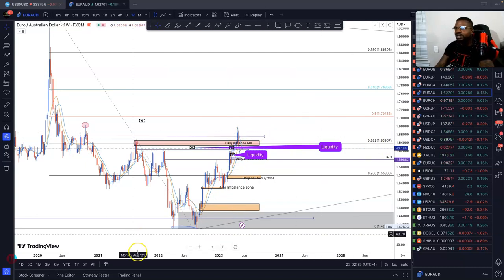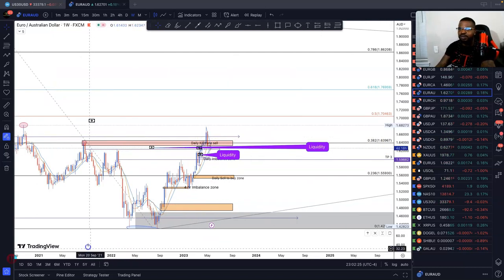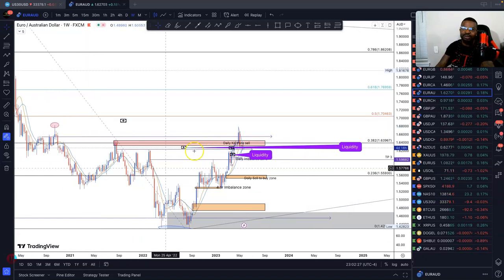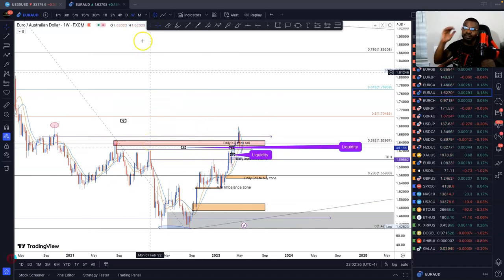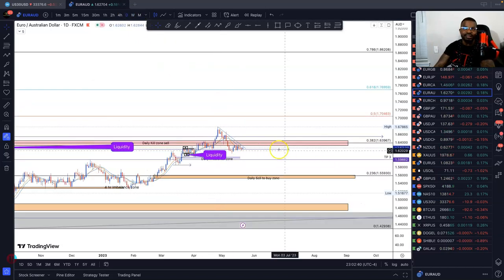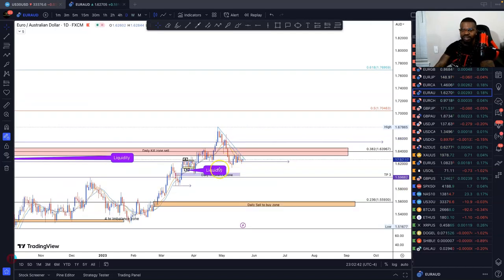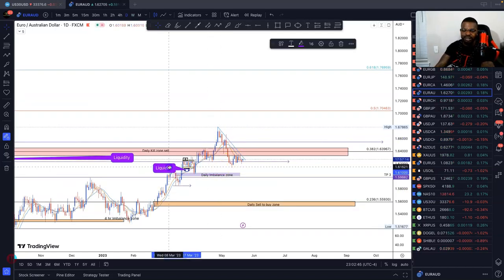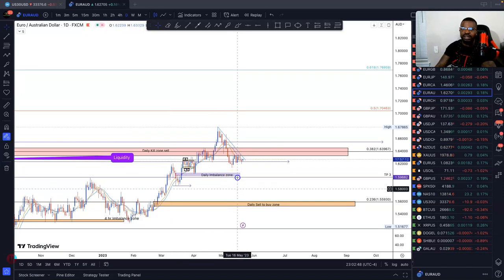Now, typically, after retesting a major structural level like that, you'll get some pullback before continuing. At this point, I believe soon these highs will be broken. So let's just check that out.